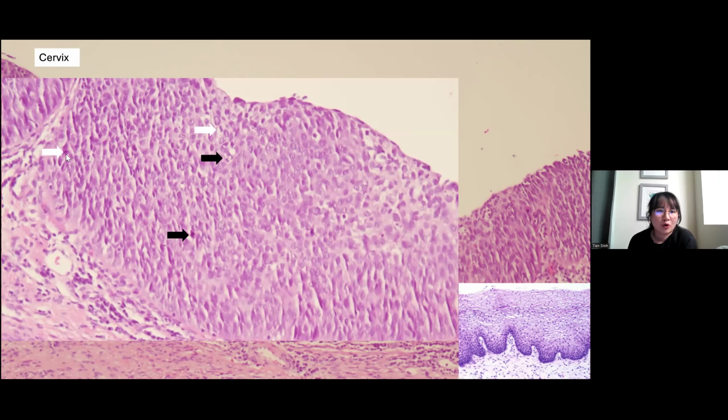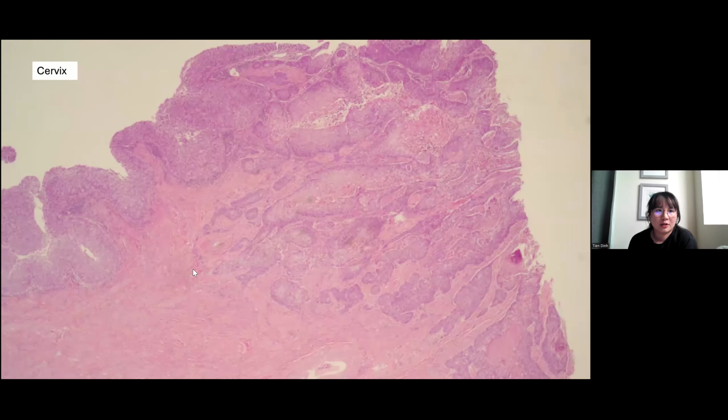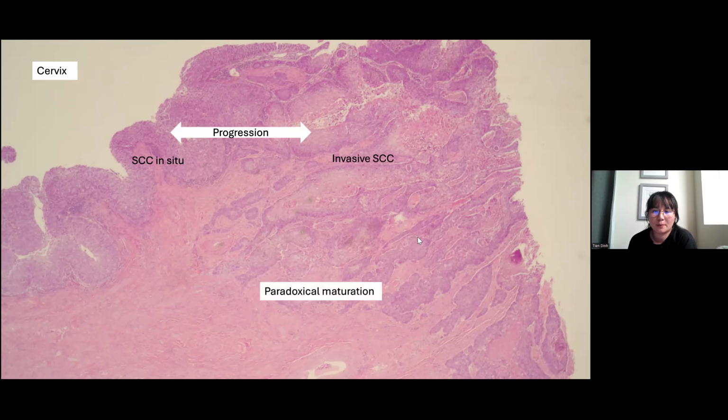The white arrow shows mitosis and the black arrow shows apoptosis. And you can see there's scattered mitosis and apoptosis throughout the layers. This is another picture of the cervix to see the progression from the in situ to the invasive. We can also notice there's a paradoxical maturation over here, and on the bottom right is necrosis.